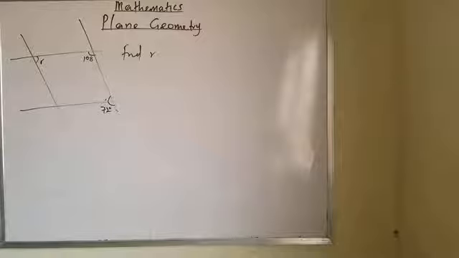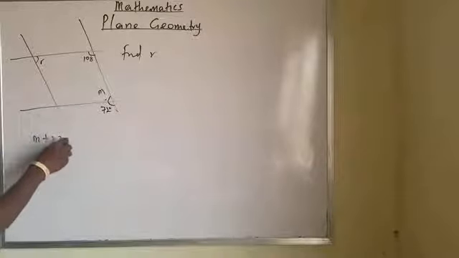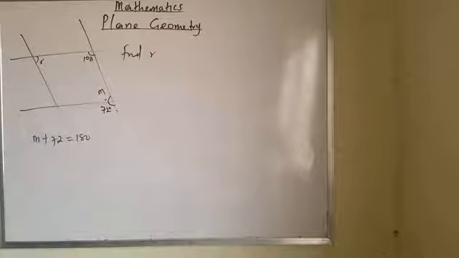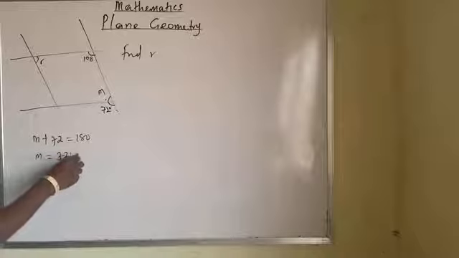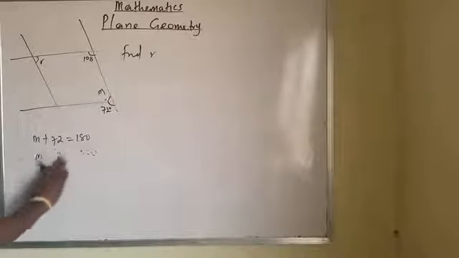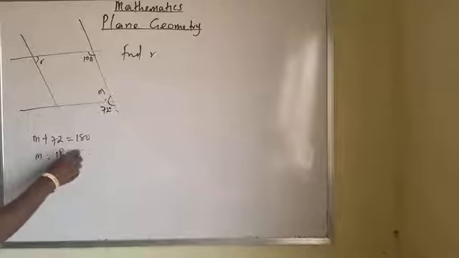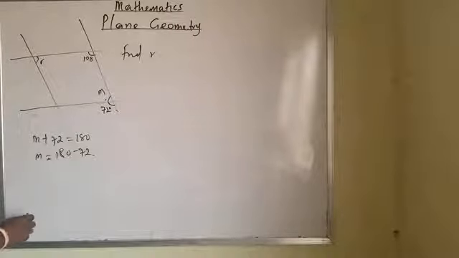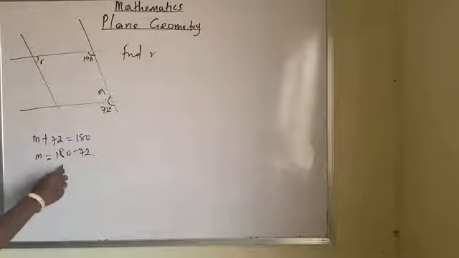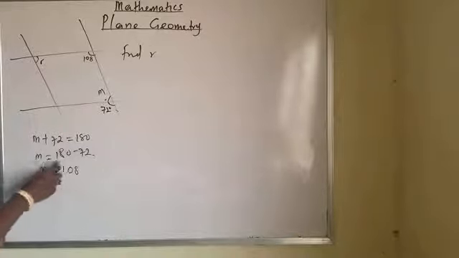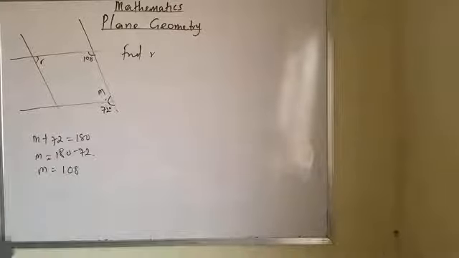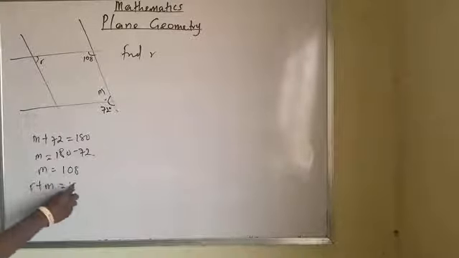The first thing I need to do is, if I call it M, M plus 72 equals 180, angle on a straight line, so my M will be 180 minus 72, which is 108. That is my M. Since it's 108, normally R plus M equals 180.